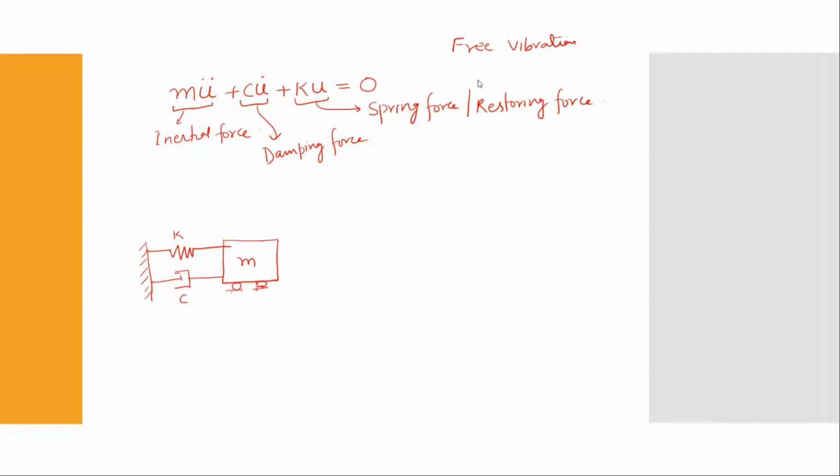Here we can see it is an idealized single degree of freedom system, where this shows the damping coefficient, this is the spring showing the stiffness or restoring force, and it is the mass due to which the inertia would generate.